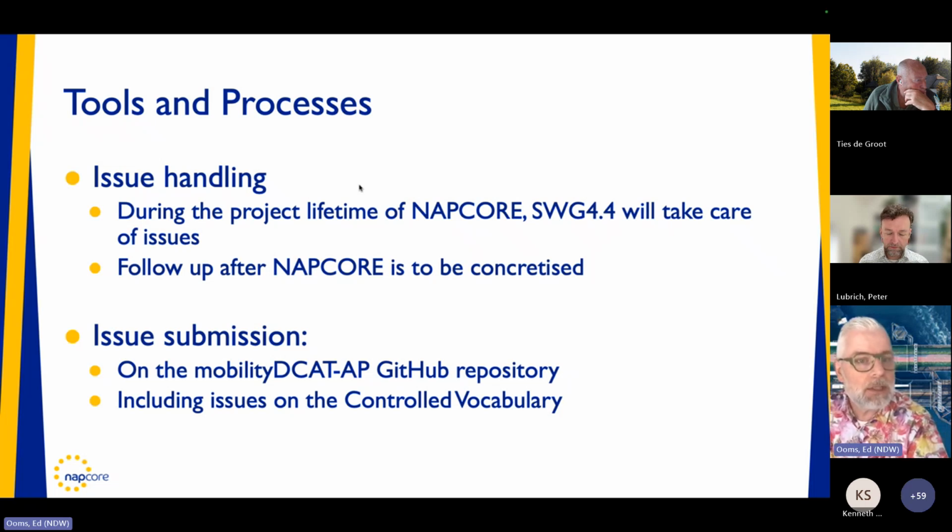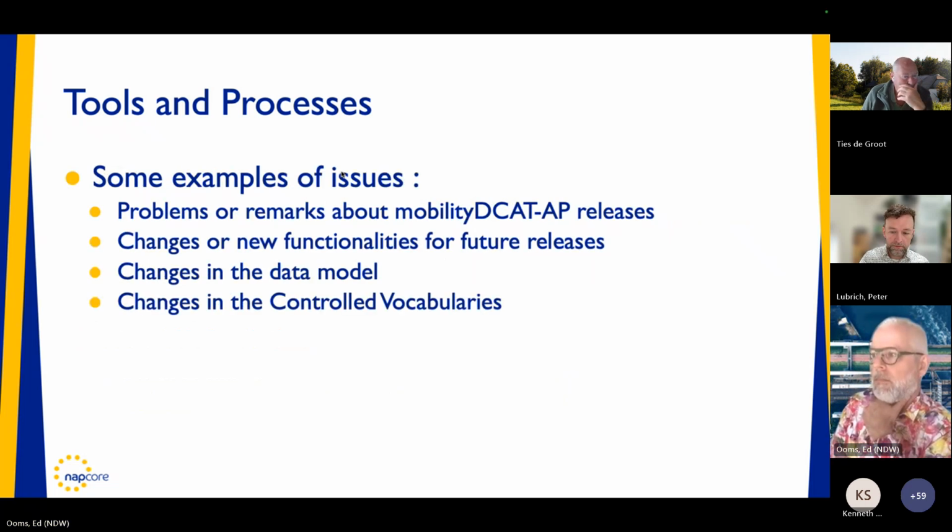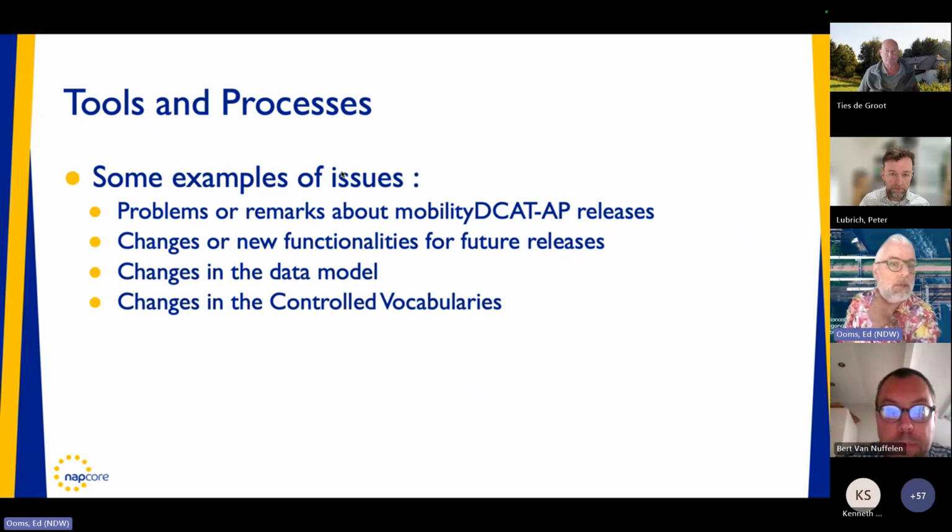About the issue submission, as Mario mentioned, you can submit your issues on the mobilityDCAT GitHub repository, and for the controlled vocabulary, you can use its repository. So on GitHub, you can place your issues. Some examples of issues: remarks or problems about the mobilityDCAT-AP releases.